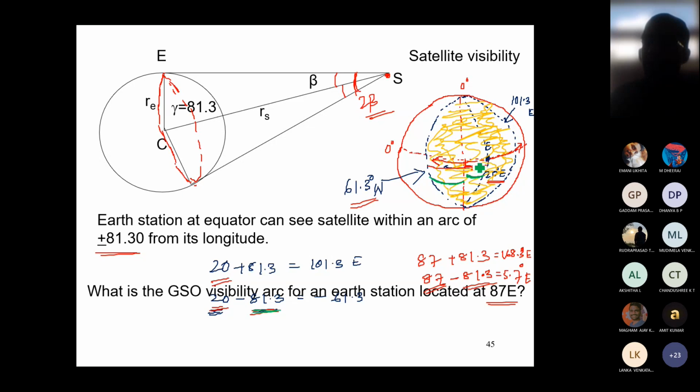You are still lying in the eastern direction, so it will be 5.7 degree east.